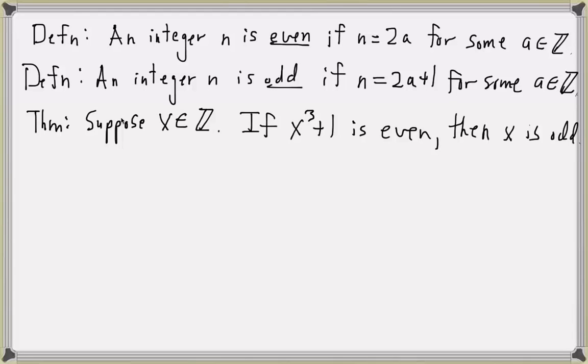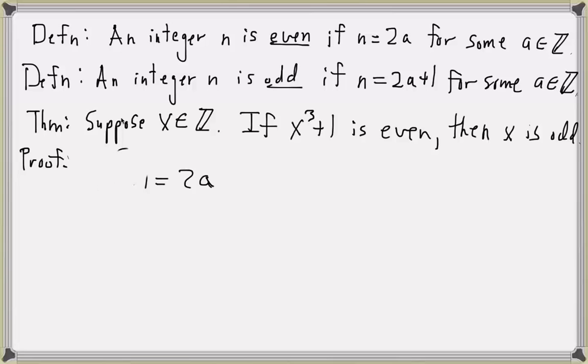If we try to prove this directly, you might start your proof assuming that x cubed plus 1 is even, and then by our definition, write x cubed plus 1 equals 2 times some integer a. The problem is that we're trying to conclude that x is odd. To get an equation involving just x, we would have to deal with cube roots or something, because we have a power of 3 on x. So a direct proof of this statement would not be the most efficient way.